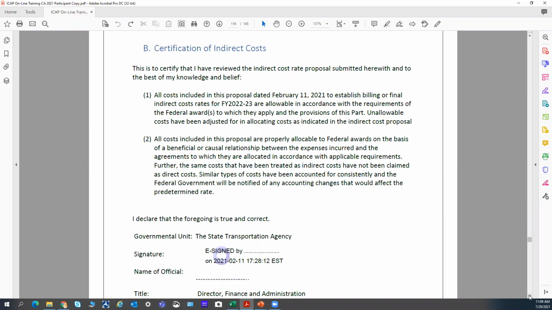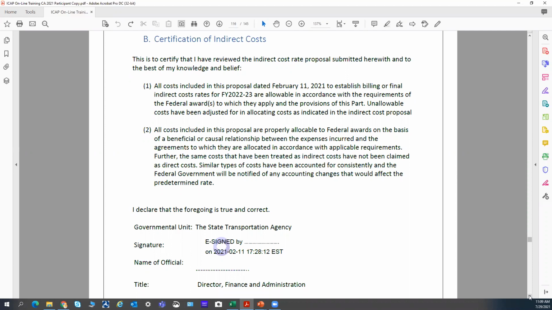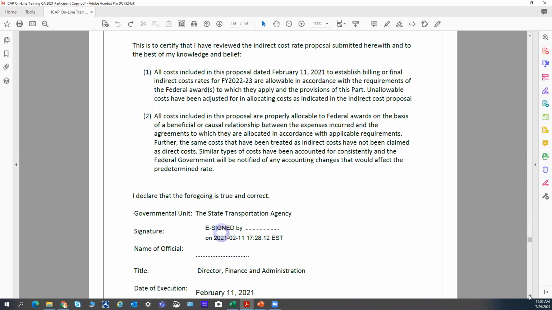All of the indirect cost plans or proposals we get from the state DOTs have this, and it's literally cut and pasted right out of Appendix 7 and pasted right into their ICAP. It's one of our policies at FHWA that we want the exact certification that's identified in Appendix 7, and that's what you see here.